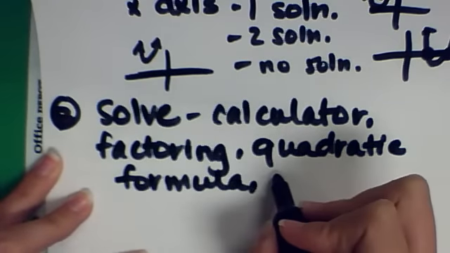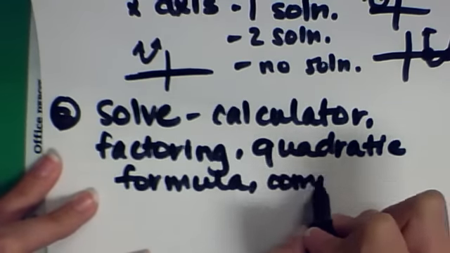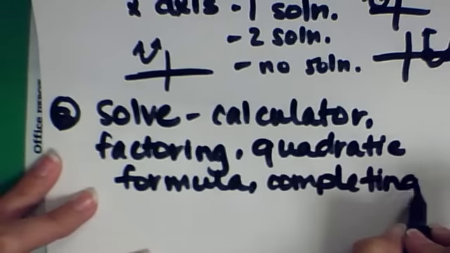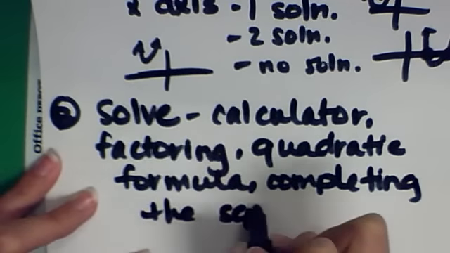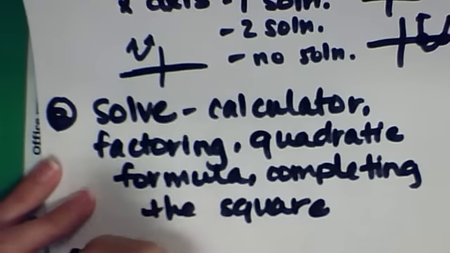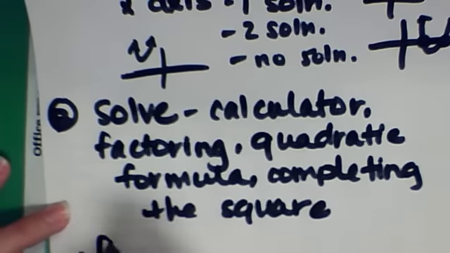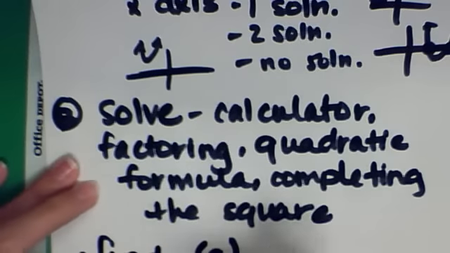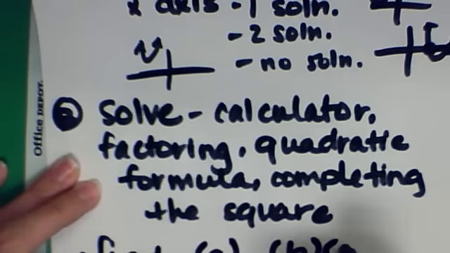And then the last way would be to use completing the square, which we're not going to focus on as much because I think the other methods are probably sufficient for you to know. When we want to solve these, we want to find parts A, B, and C from above.